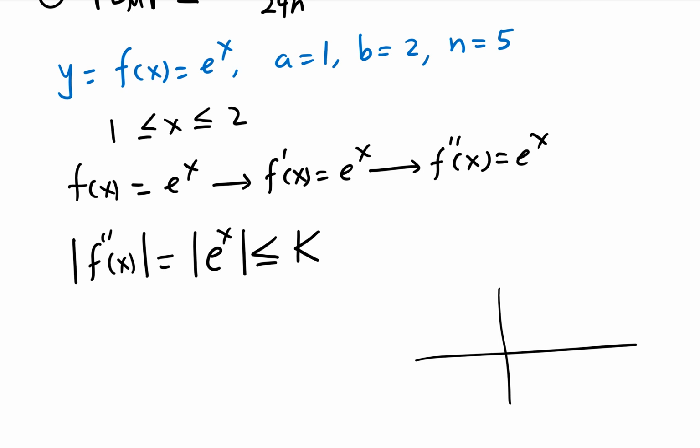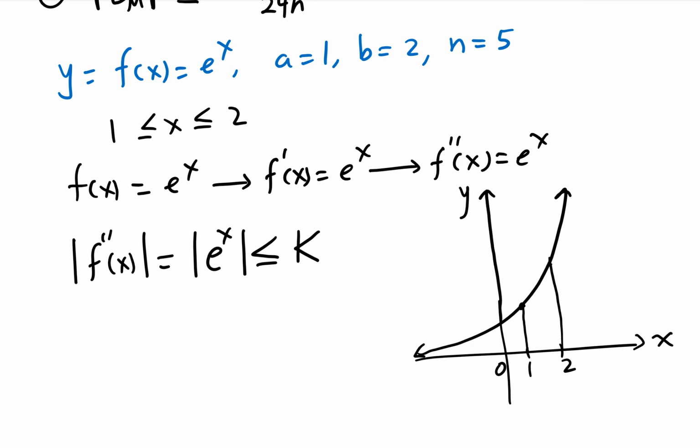Well, if you look at it graphically, this is e to the x. We are working from 1 to 2. So this here would be e to the first power, and this would be e to the second power.